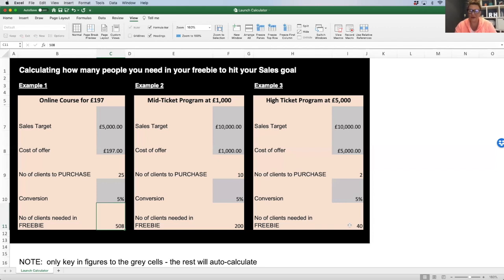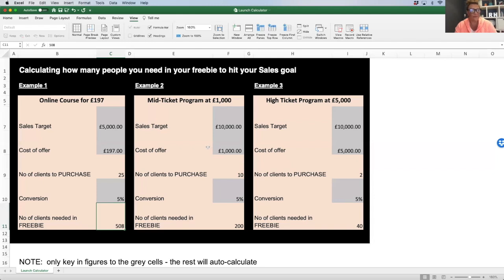So again, if that was 40 people on a webinar, you would need to make sure that they were the highest quality leads that you can possibly identify. Because for you to convert 5% of that 40 into a £5,000 service, the quality of the leads needs to be there in the first place.